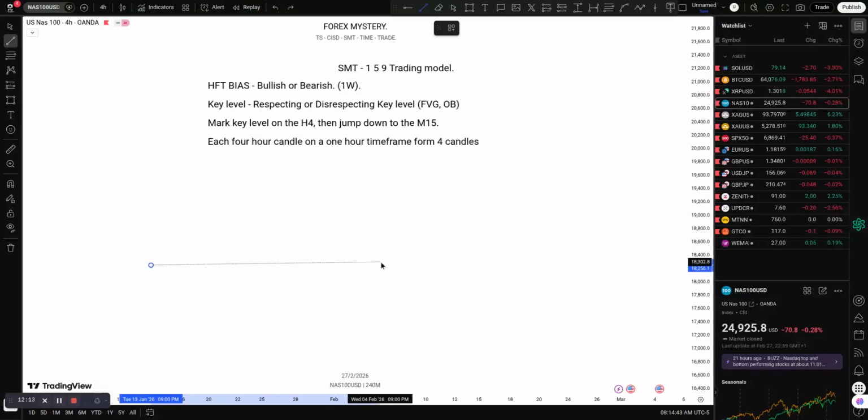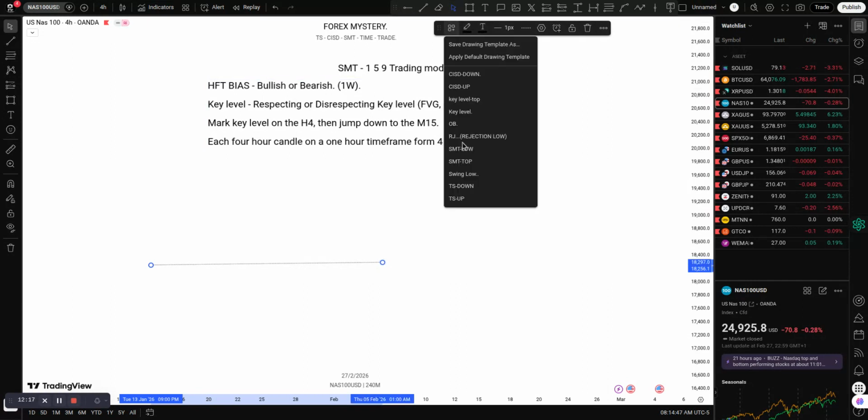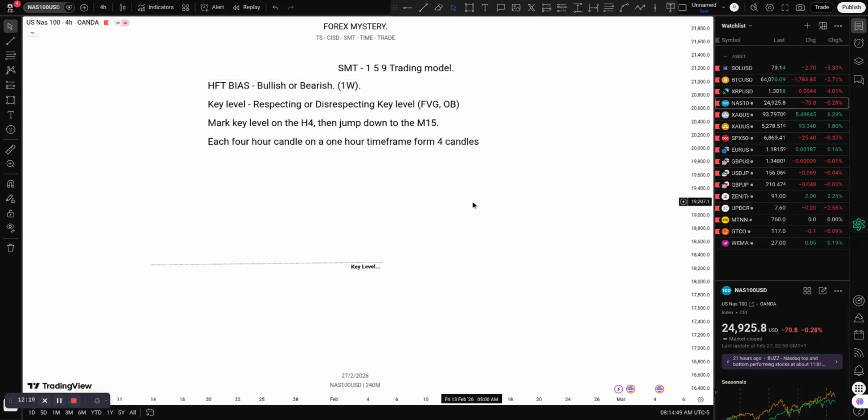Let's take this as a key level, make it straight. Now this is a key level, still on that 4 hour time frame. Let's just say the 1 a.m.